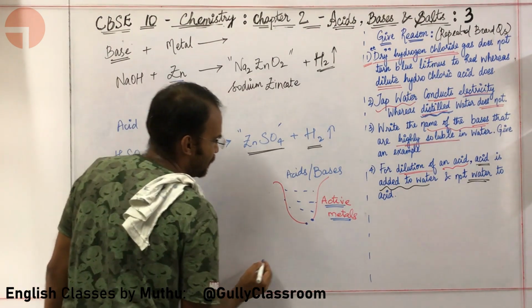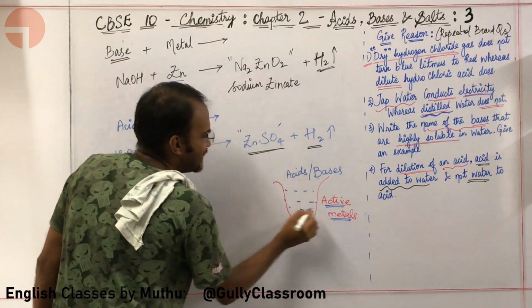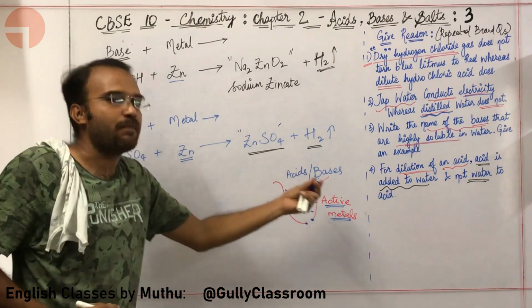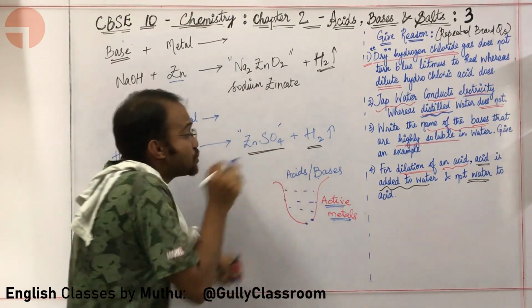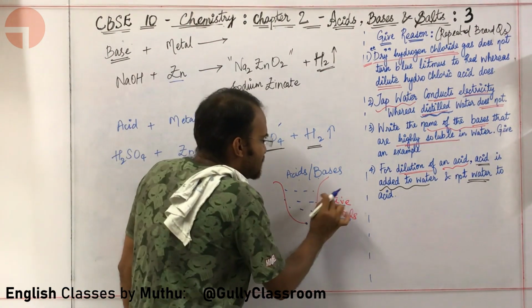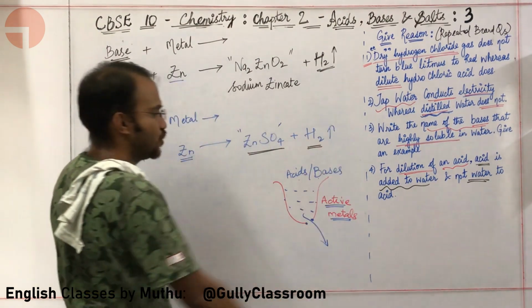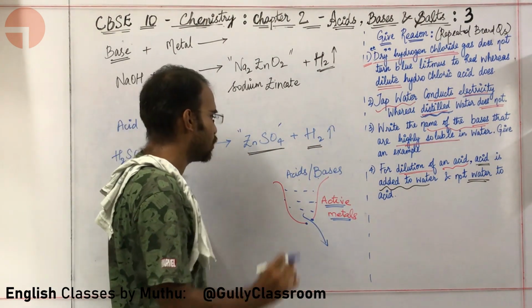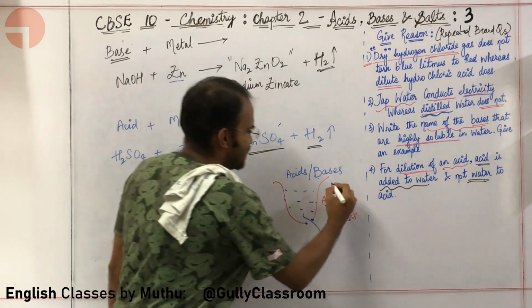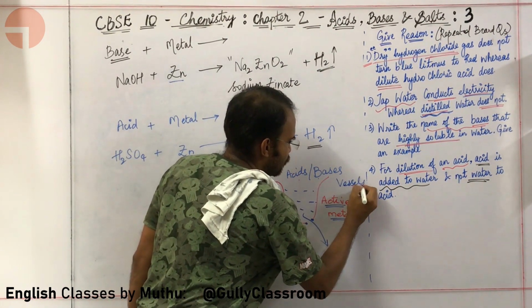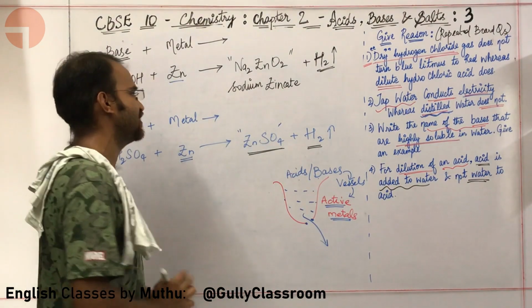The acids or bases stored in vessels made up of these active metals will simply pour out. So you should never store acids or bases in vessels made up of active metals.